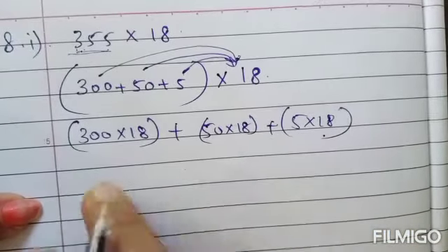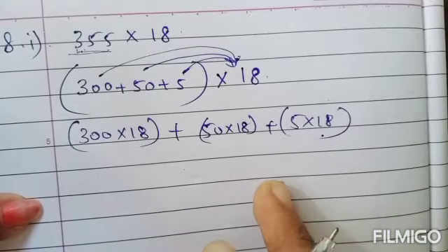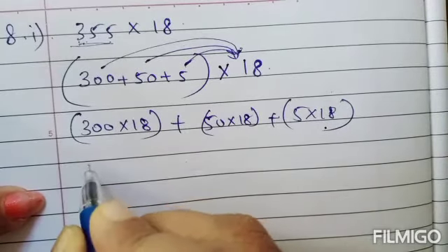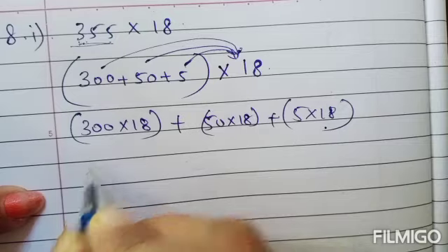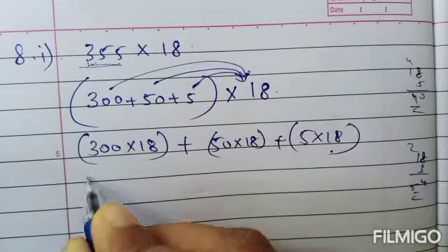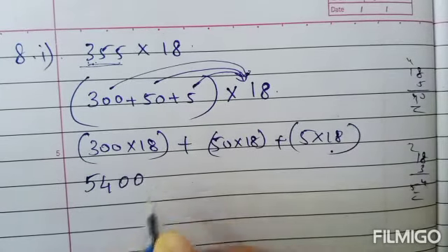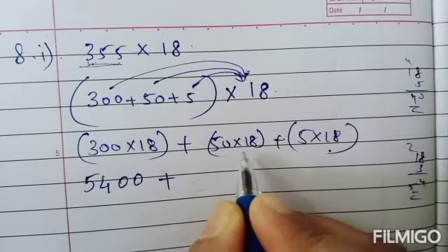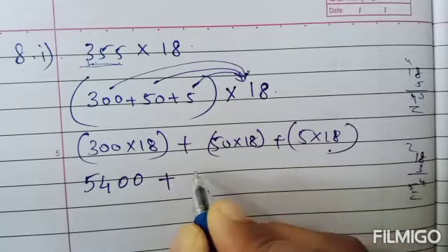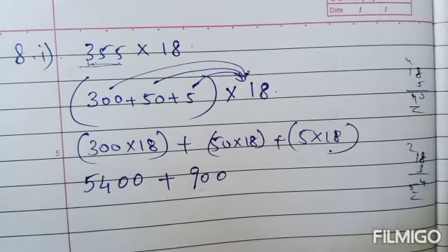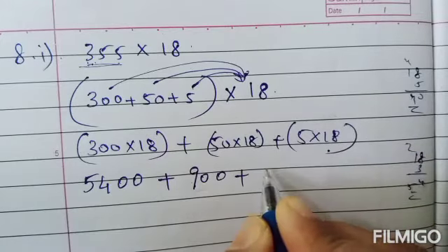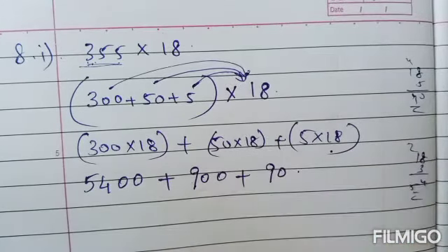Okay, using distributive property we can write like this. Now 300 into 18, you will get 5400, plus 50 into 18, it will be 900, plus 5 into 18, it is 90.